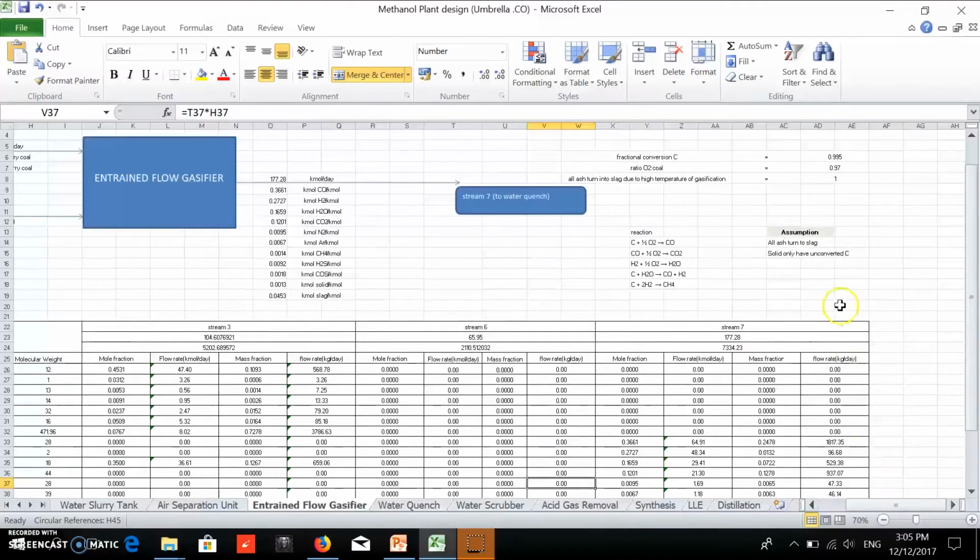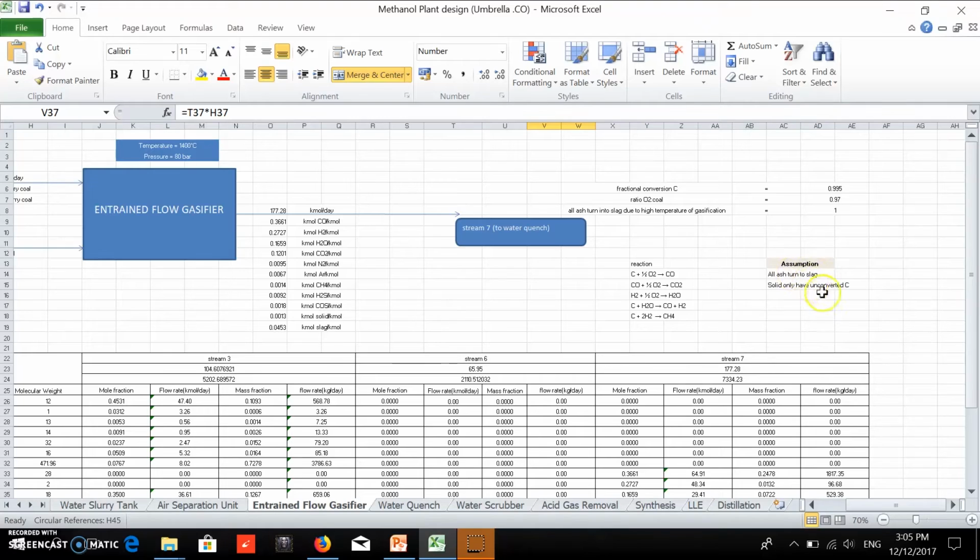The assumption we make is that all ash in the coal turns to slag, while the solid contains only unconverted carbon, where the conversion of carbon from the feed to the outlet is 0.5%.